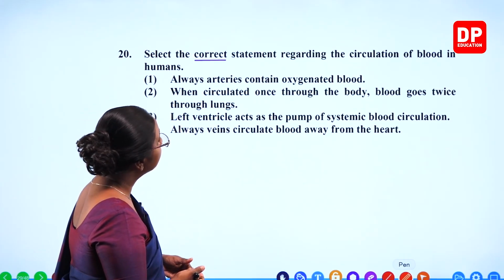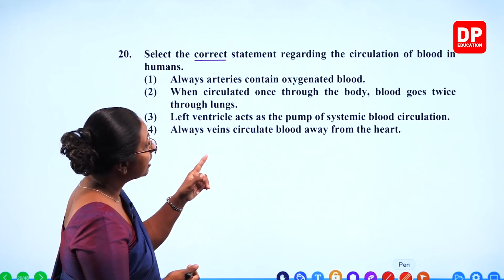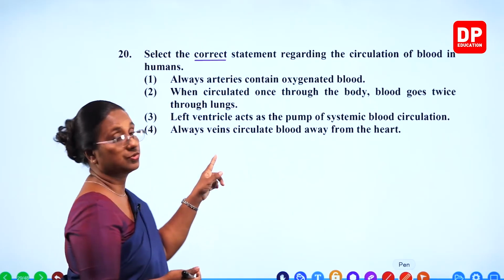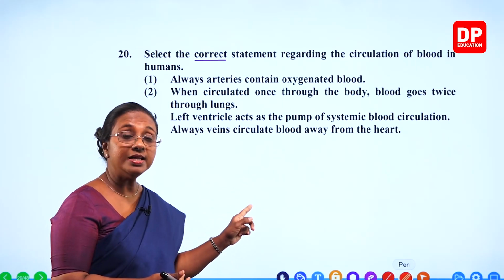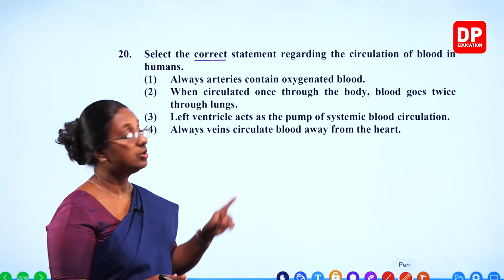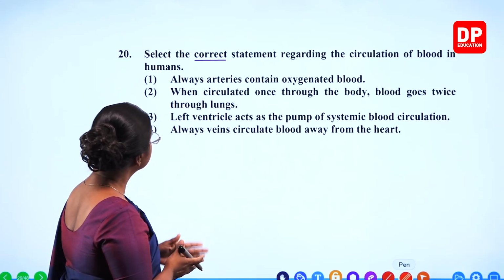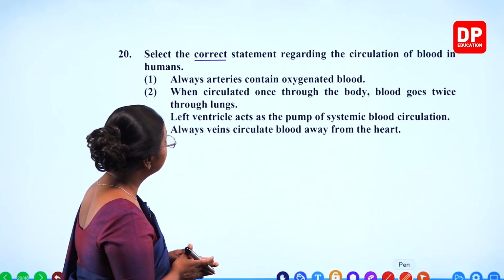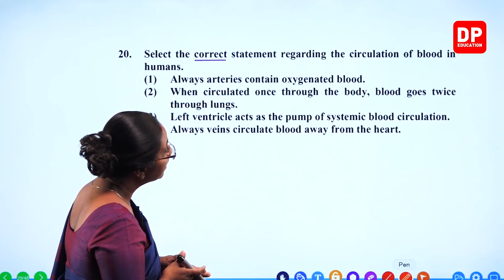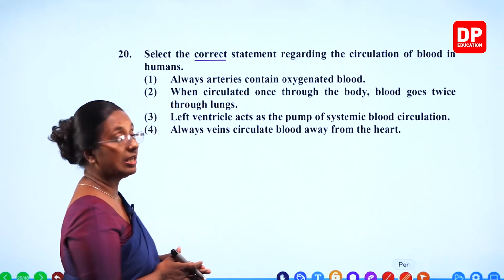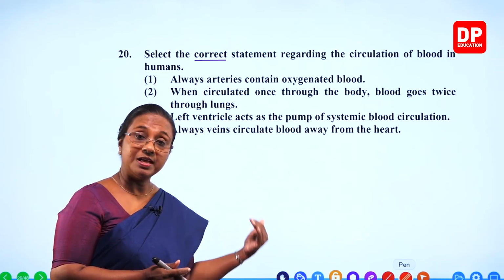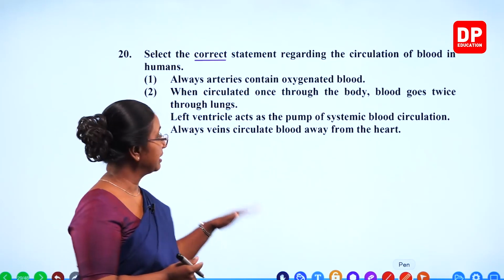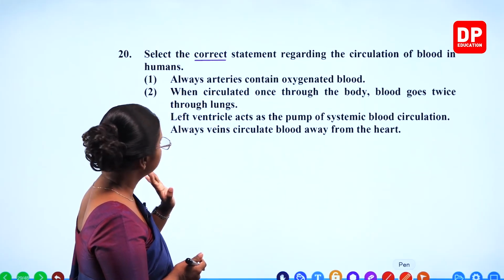When circulated once through the body, blood goes twice through lungs. No. Blood goes twice through the heart, not through the lungs. Then the third one, left ventricle acts as the pump of systemic blood circulation. That is correct. From the left ventricle only, the blood is pumped for systemic circulation.